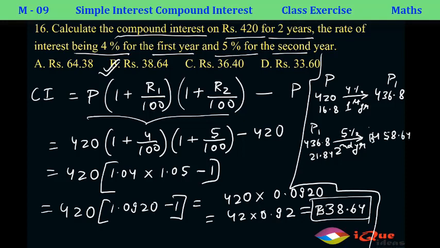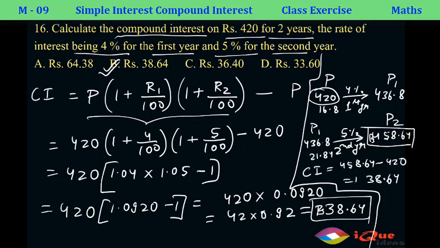Alright. So this is the amount after 2 years. Okay. And the initial amount was 420. So the required compound interest for 2 years will be 458.64 minus 420, which will also give us 38.64 rupees. So these are the two ways in which this question can be done.